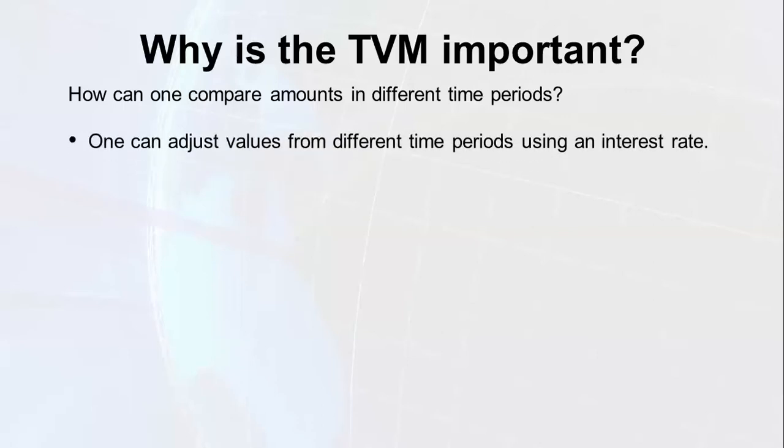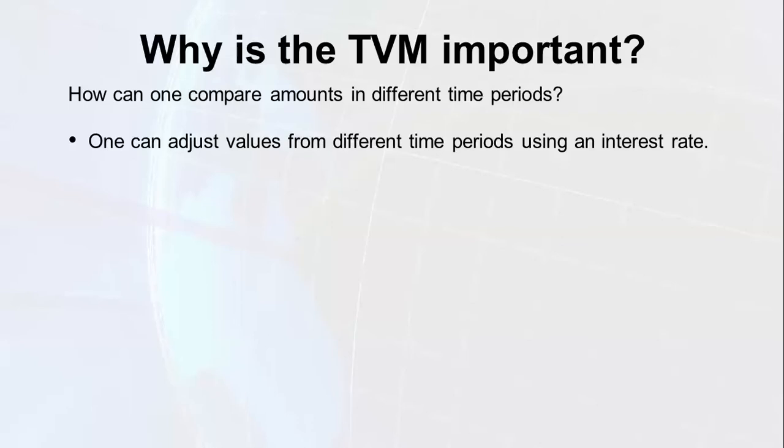Time value of money is a tool that helps us compare amounts in different time periods. A dollar today and a dollar 1 year from now are just like an apple and an orange. A dollar today is an apple, and a dollar 1 year from now is an orange.